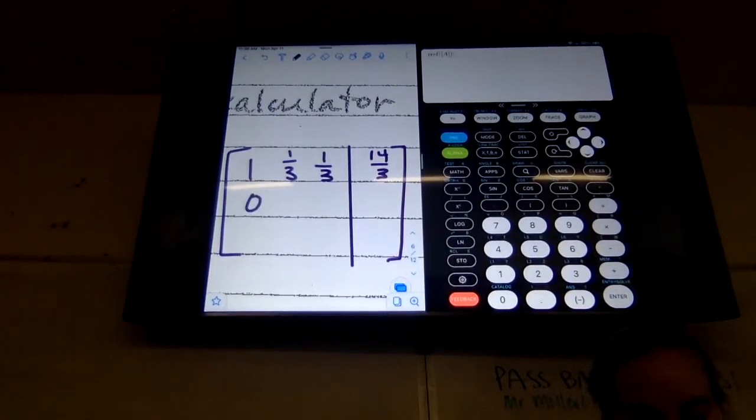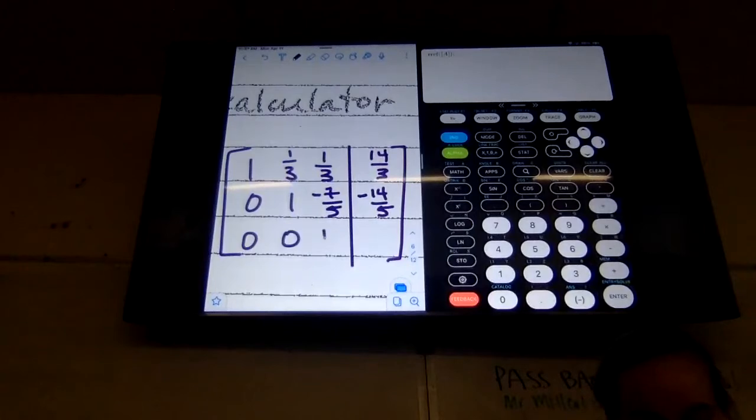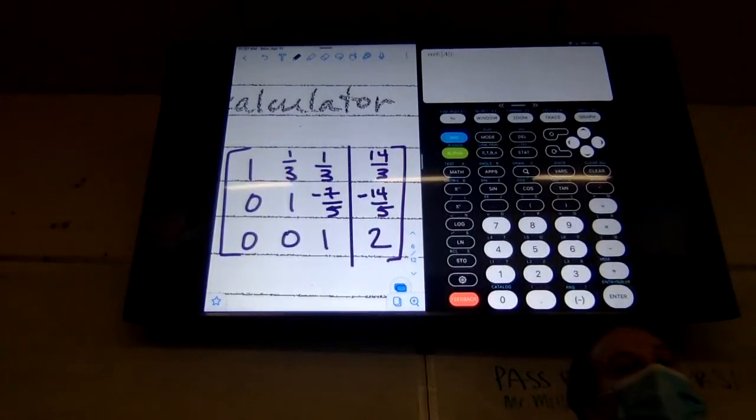And then you should get 0, 1. Is it -7/5? Okay. And then +14/5 or -14/5? Negative. And then you get 0, 0, 1, and then you get 2. Again, if you're using the calculator like me, we don't have that on ours. But if you have yours, does anyone need help making sure that they got this answer right?